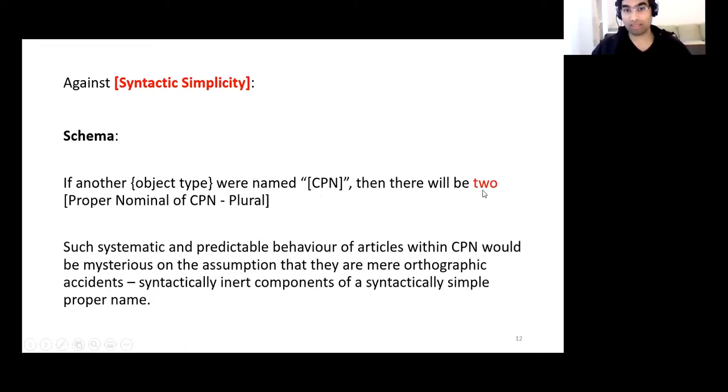This systematic and predictable behavior of determiners within CPNs would be mysterious on the assumption that they are mere orthographic accidents. It would not be possible to explain this behavior on the assumption that these determiners are syntactically inert components of a syntactically simple proper name.